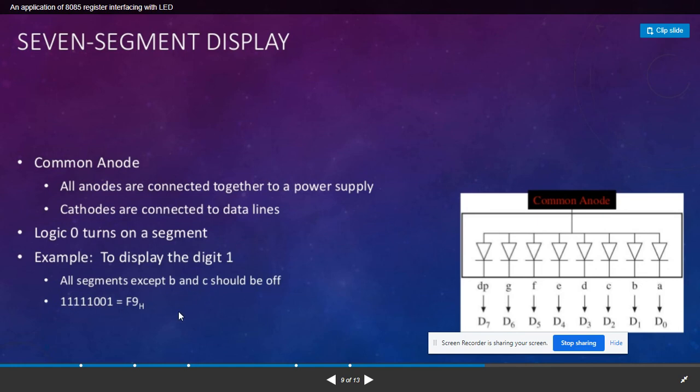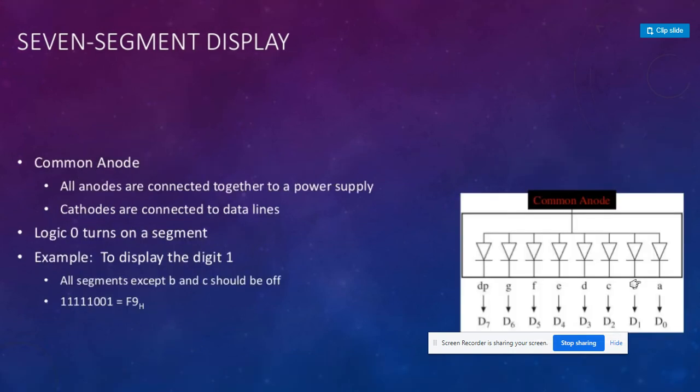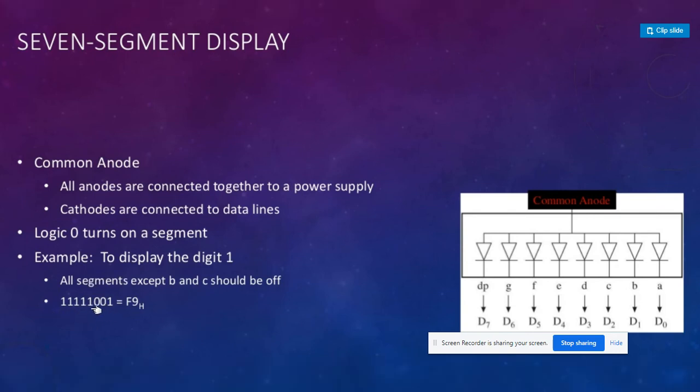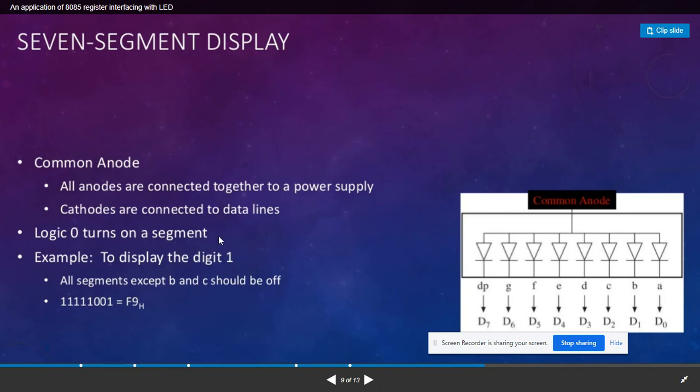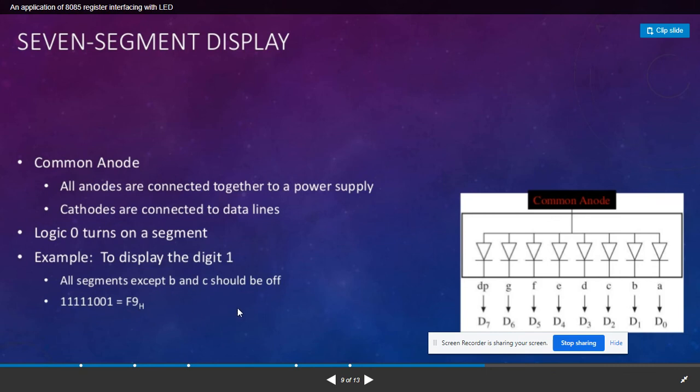For example, we see that B, this one and this one will be given 0 0, और बाकी सबको हम क्या दे देंगे 1 1 कर देंगे. तो ये दोनों क्या रहेंगे ऑन रहेंगे, क्योंकि यहाँ पे 0 का मतलब है ऑन, बिकॉज इट इज मेथड ऑफ एनोड, और एनोड के अंदर क्या है लॉजिक 0 टर्न्स ऑन द सेगमेंट. सो अगर हम इसको देखें तो इसका जो बिट पैटर्न है दिस इज F एंड दिस इज 9, तो दिस इज F9.